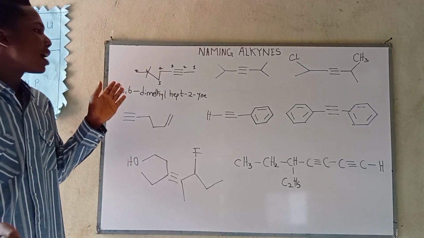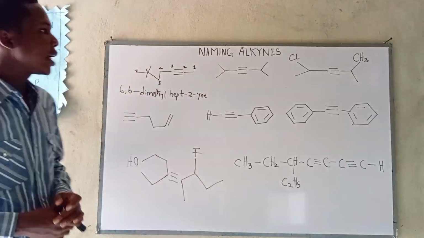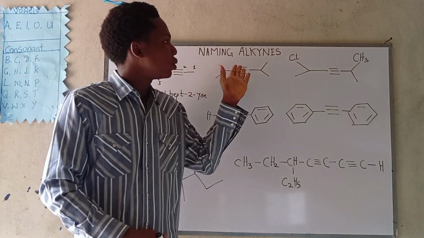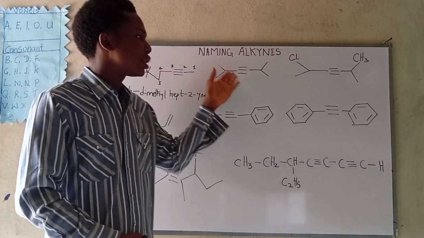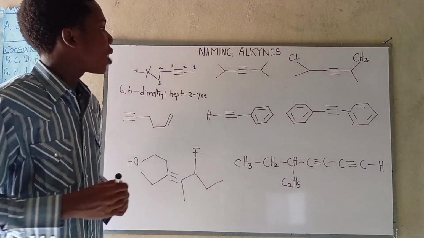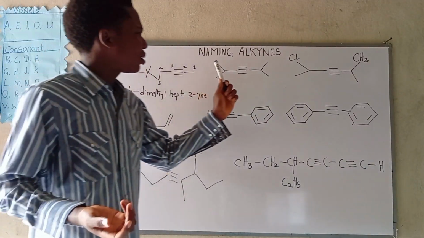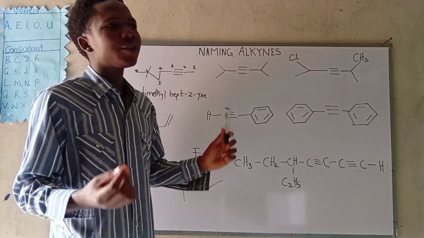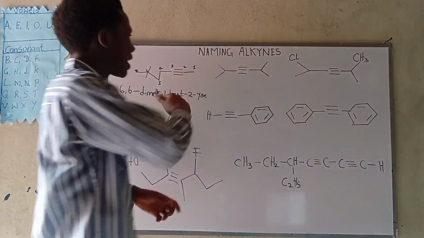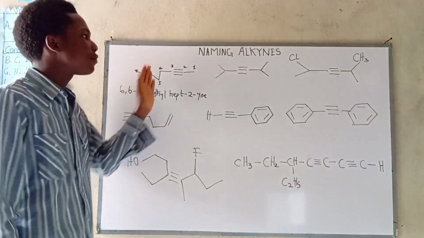Now let's simply go over to the second one. Okay, now from the look of things, we have to count and know where to start from, because there is a triple bond here and we must always favor the triple bond. Now on that note, let's count. But if we count, we notice that we're actually going to get the same thing from either this side or this side. Not like this one where it is obvious that we have to start from here.